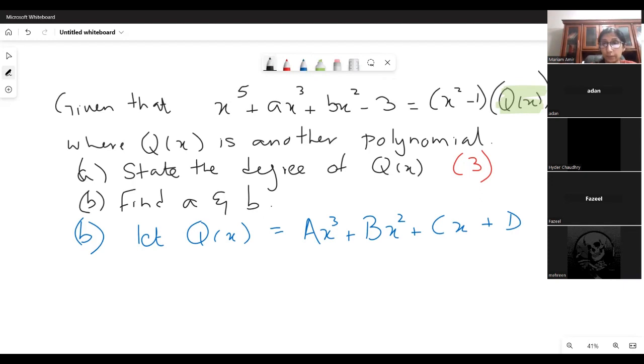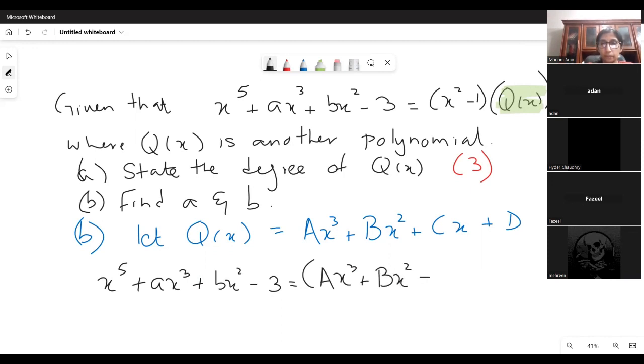Now let's replace that with q of x: x to the power 5 plus ax cubed plus bx squared minus 3 equals, I missed something. I had to write x squared minus 1 first. So x squared minus 1 and then all of this, capital A x cubed plus capital B x squared plus capital C x plus capital D.